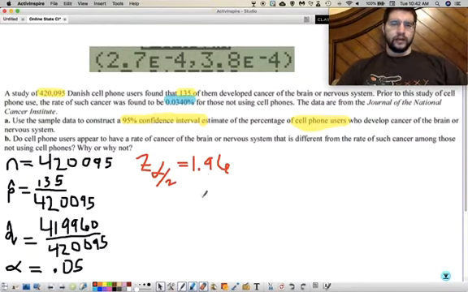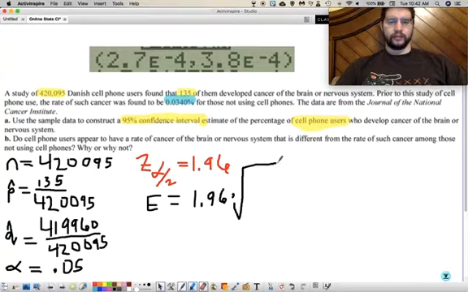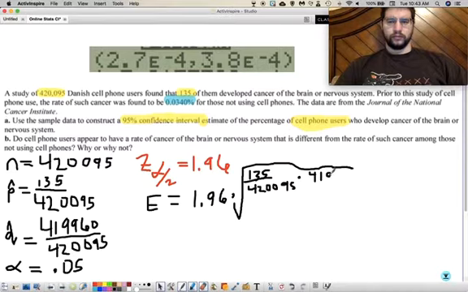Okay. So our error in the formula, our error is z of alpha over 2 times the square root, p hat times q hat, and we divide that by n.